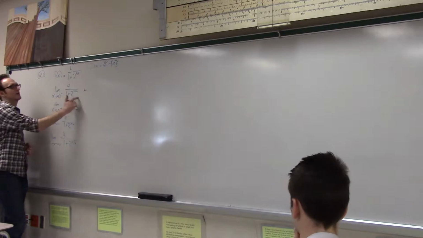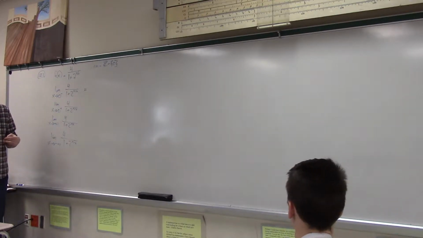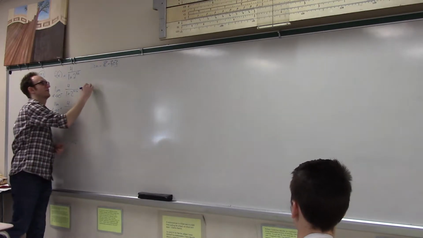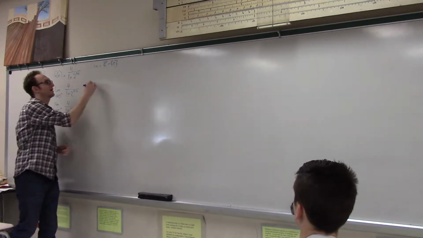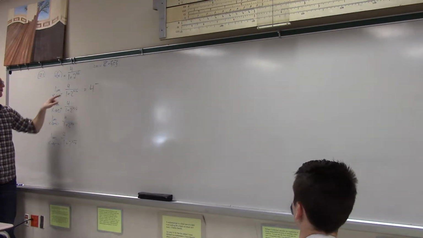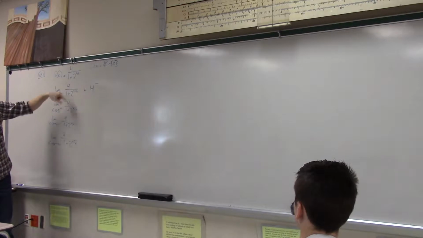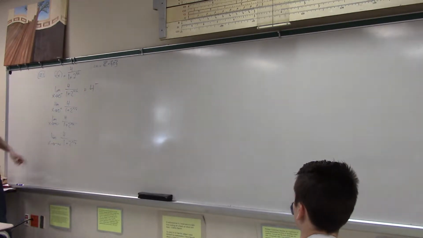So 4 divided by a tiny bit more than 1: basically, the answer to the limit is 4, because the limit's a number, but I'm going to write 4 minus as a kind of footnote. Not only is the answer 4, but by our analysis, it's always going to be a little bit less than 4. Cool? Okay, let's do the next one.